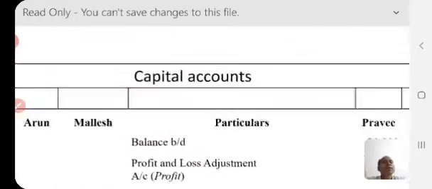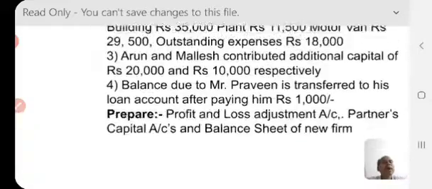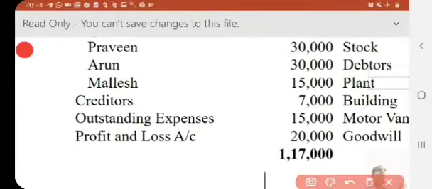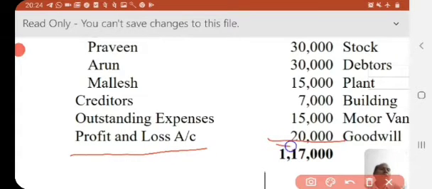So in the balance sheet, see the balance sheet, this is the profit and loss account 20,000. It is not distributed. It is the profit because it is shown at the liability side.